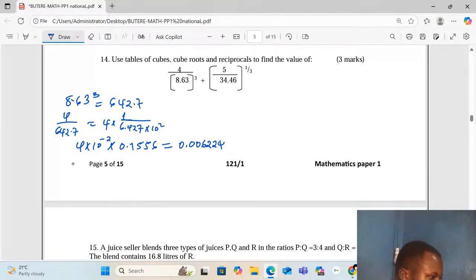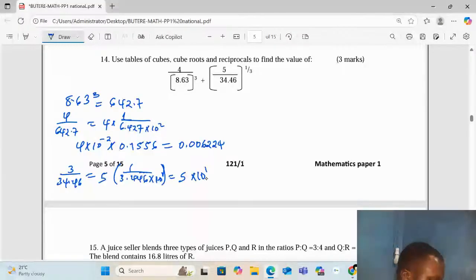So we take 3 over 34.46, and we convert it to times 10 power 1, times 5 times 10 power 1 times 0.22902, and that gives us 0.1451.